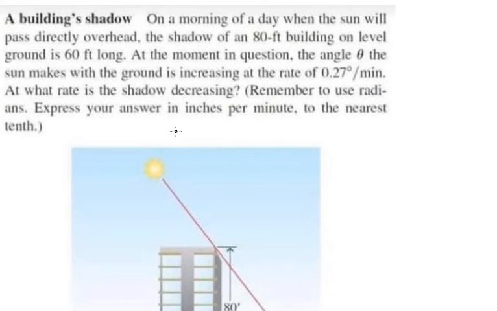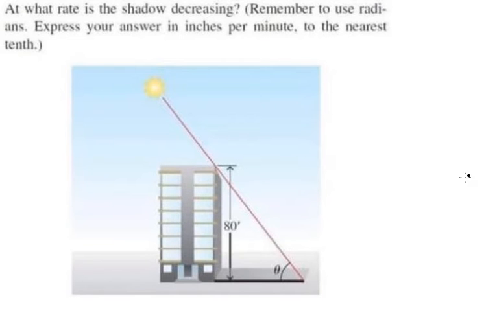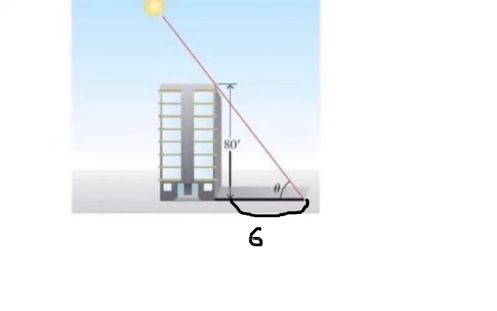So today I will show you how to find the rate of the shadow. We know that this is the building, and the shadow in here is about 60. So we can find this one, the hypotenuse.